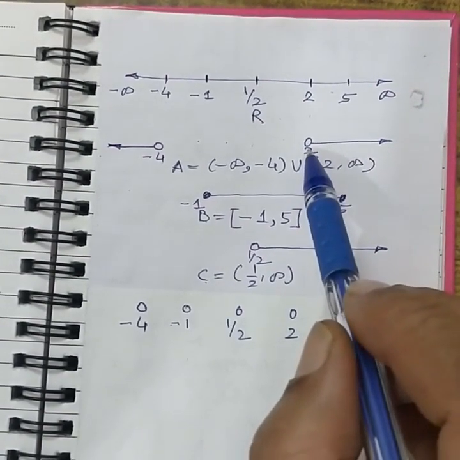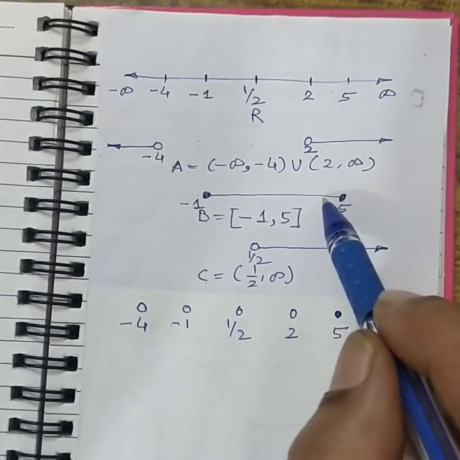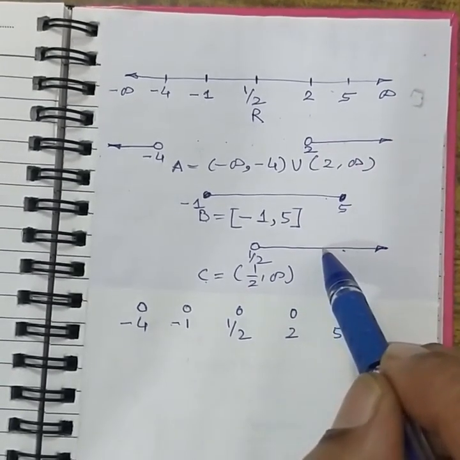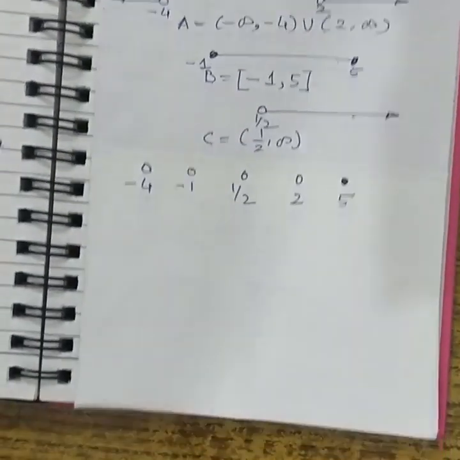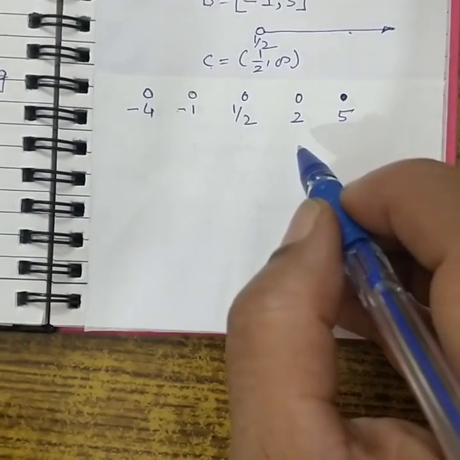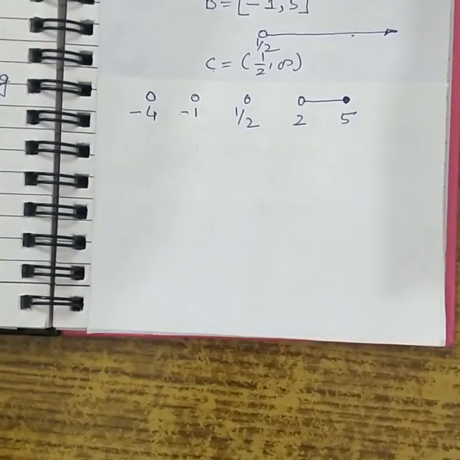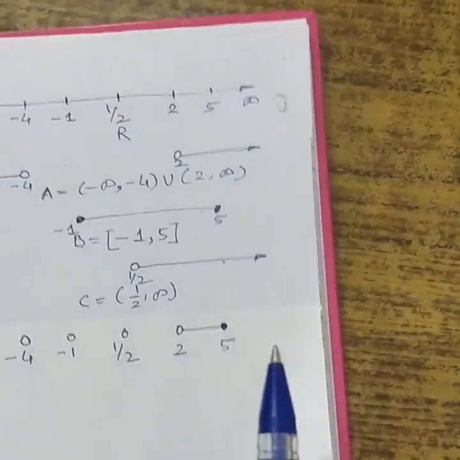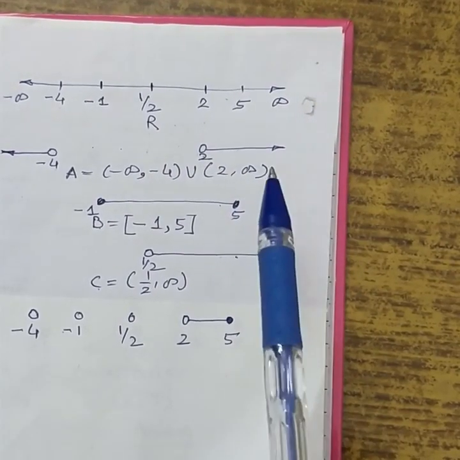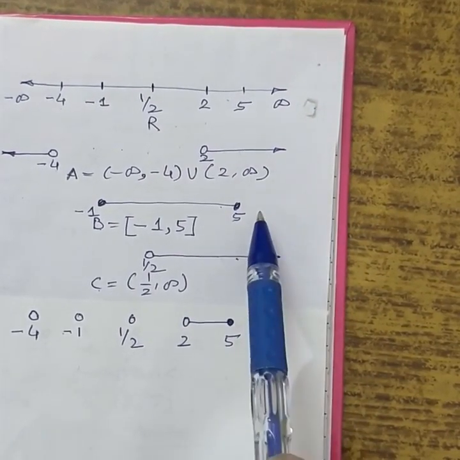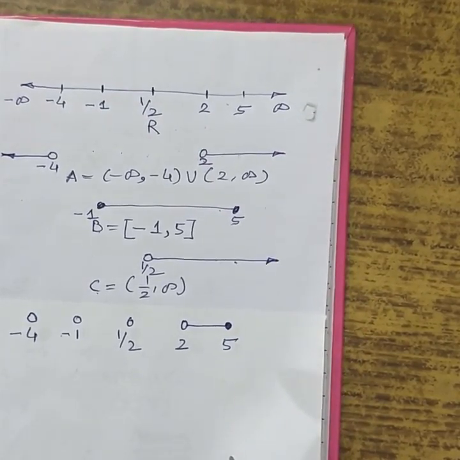The interval between 2 and 5 is an element of A, an element of B, and an element of C. Hence, it is an element of the intersection also. Hence, a firm line is shown for the interval between 2 and 5. The interval between 5 and infinity is an element of A, but is not an element of B. Hence, it cannot be an element of the intersection.